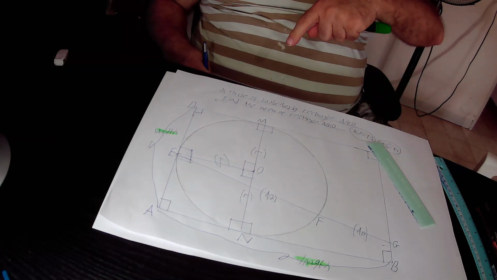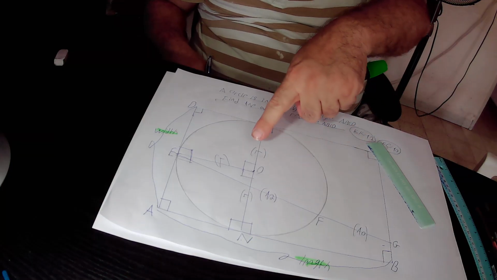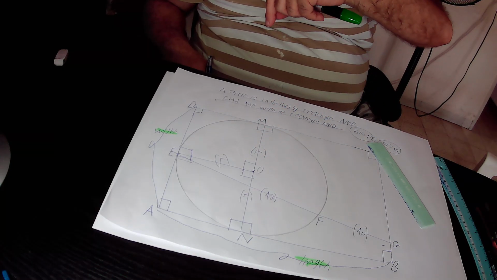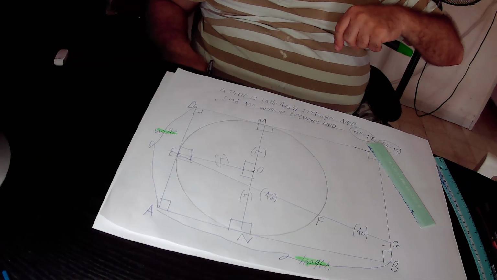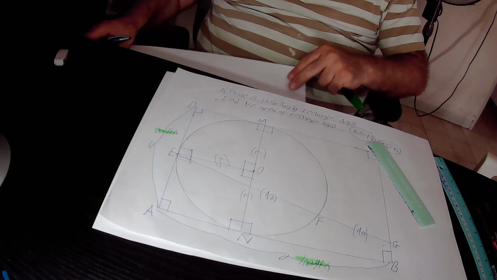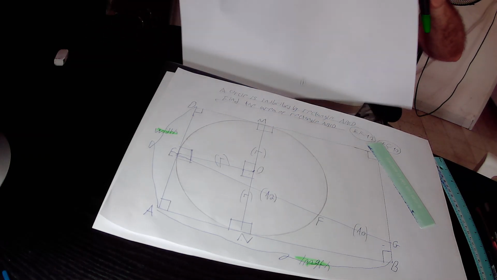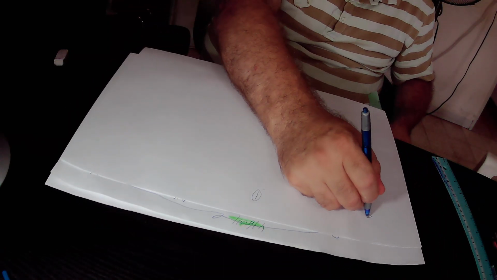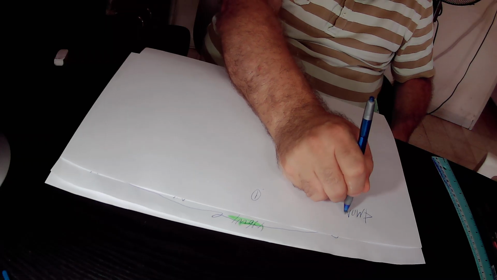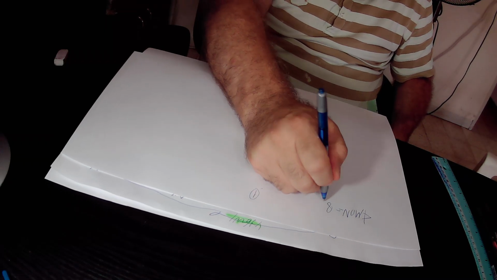So if you found out that the big angle MON is equal to 90 degrees plus 90 degrees, that is 180 degrees. So the size of the big angle MON is 180 degrees.